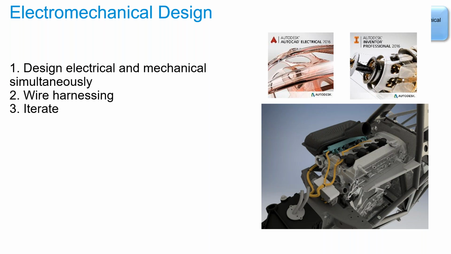Now, one of the biggest roadblocks in any electromechanical integration is that if you are doing electrical drafting, everything is done by means of a line. But when it comes to the actual installation of those wires in the machine, it never goes in a proper line.